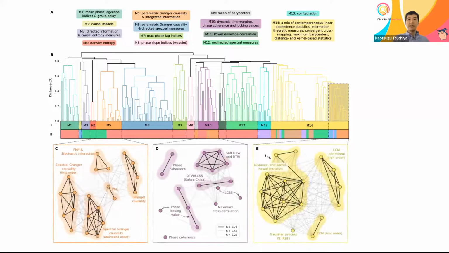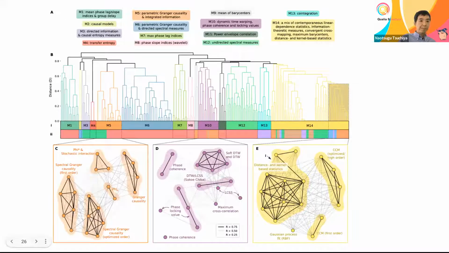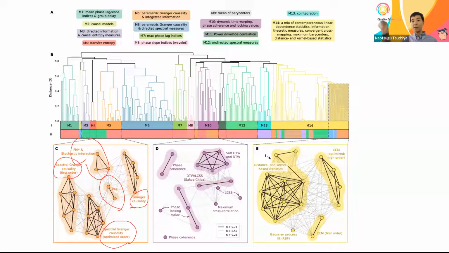And then we see some similar behavior across some of them, some time consuming, some not time consuming, as measures of complexity or bivariate interaction. Of interest to us is the measure of integration, integrated information, called phi. There are two kinds of phi that can be computed on just bivariate data, phi star and also phi G. They turned out to behave similarly to Granger causality or the spectral version of Granger causality, compared to all the other bivariate analyses.